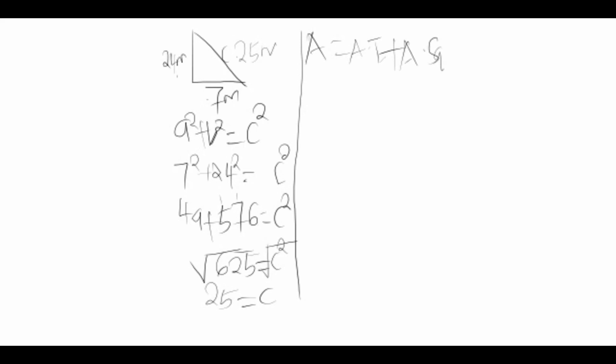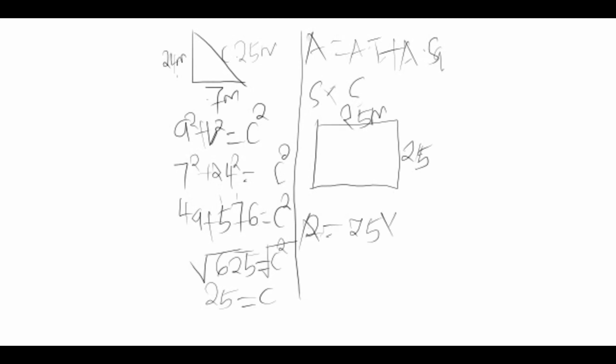The area of the square is given by side multiplied by side, and we have 25 meters here, and we have 25 meters here. So it will be length times length. So area will be given by 25 multiplied by 25. So this will give us 625 meters squared, of course.